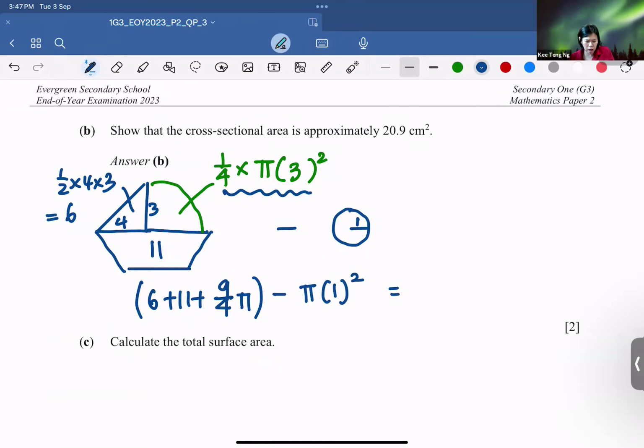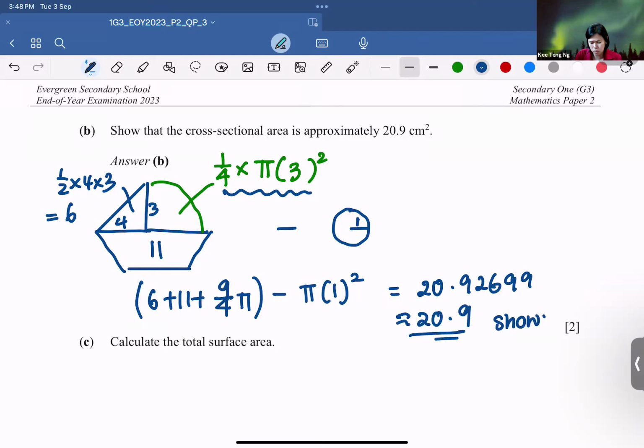So I shall keep out everything. 6 plus 11 plus 9 over 4 times pi minus pi r squared. So approximately 20.92699 cm squared. Okay, sure.